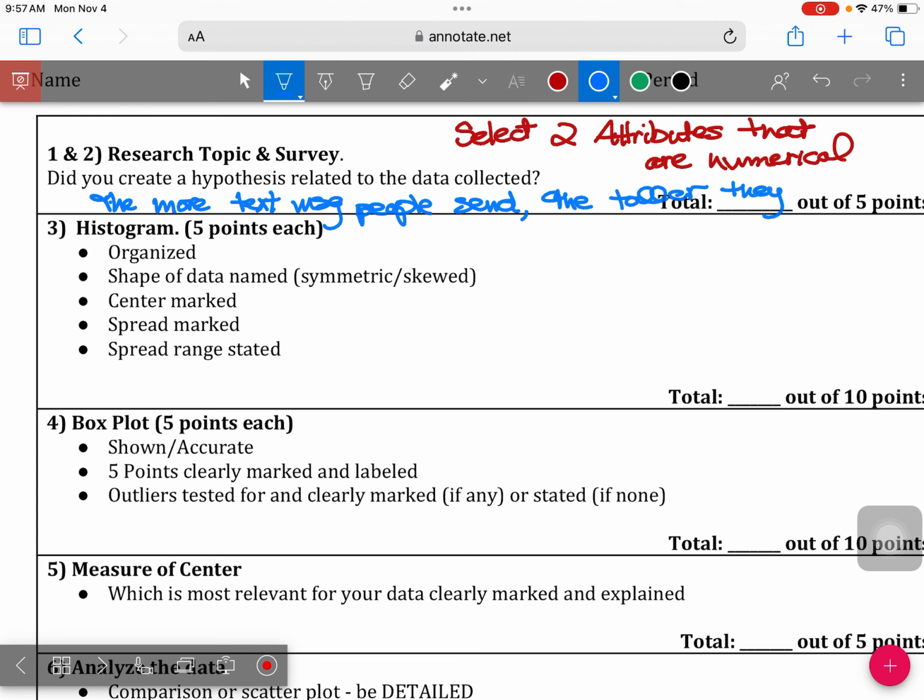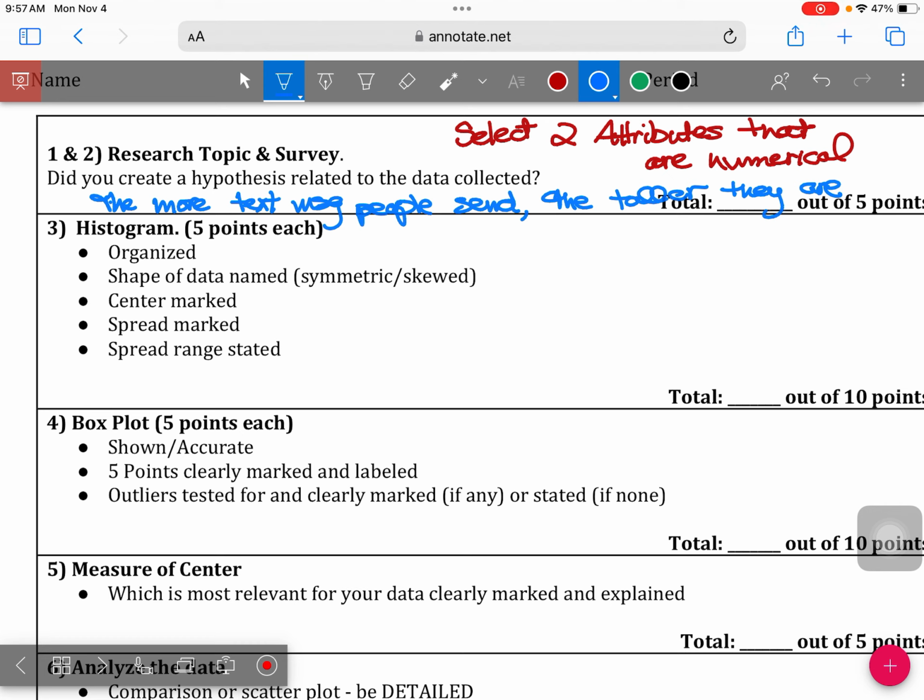Okay? But you have to talk about the more that you send, the shorter they are, or the taller a person is, the shorter their left foot. Okay? You have to say to what degree is one of the attributes compared to what degree of the other attribute.